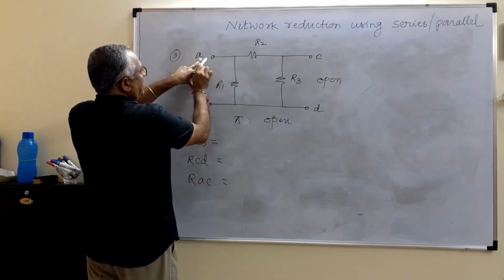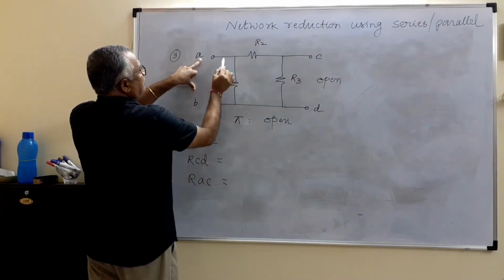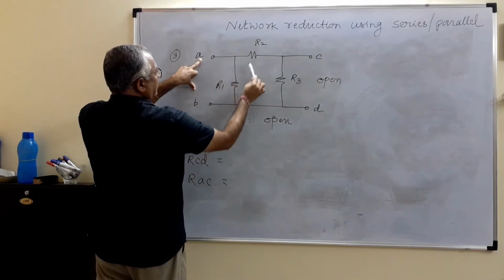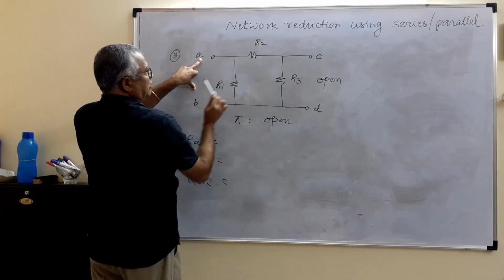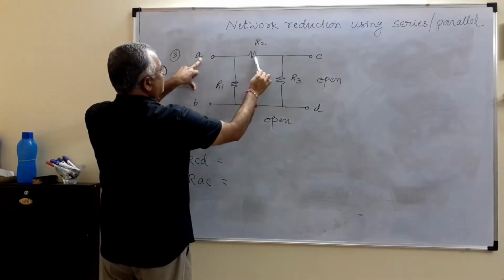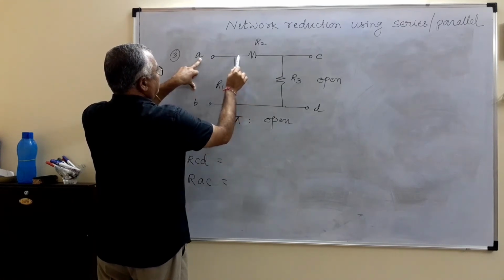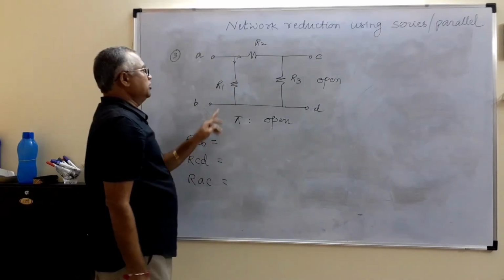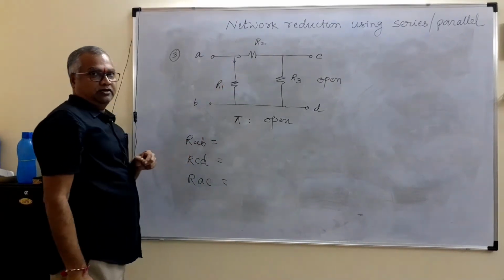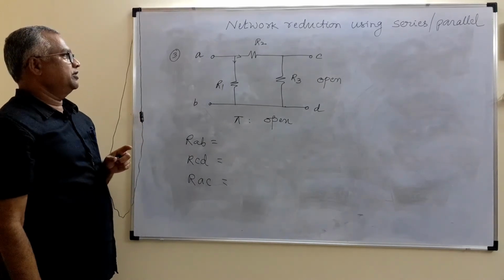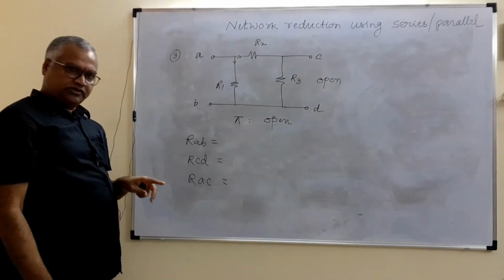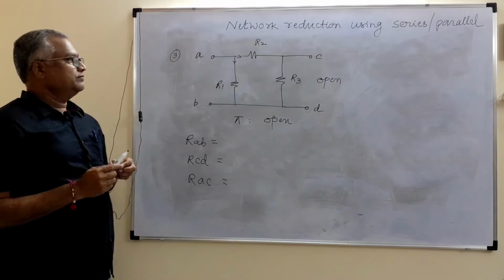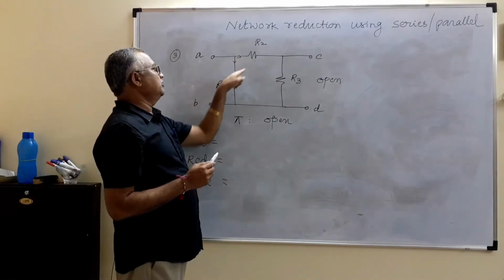So again you are entering from A coming to B. Don't think these two are parallel. Why are these two not parallel? Here current is dividing, but since current is dividing, don't immediately conclude that these two are parallel. What are the parallel properties? Current should divide compulsorily, voltage should be the same. But here current is dividing, voltage is not the same.